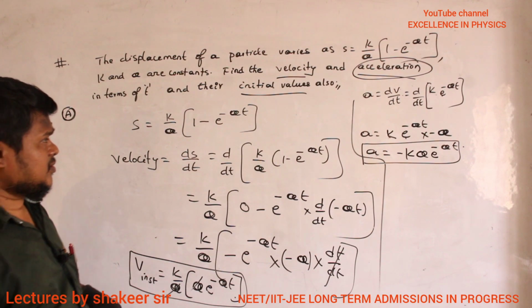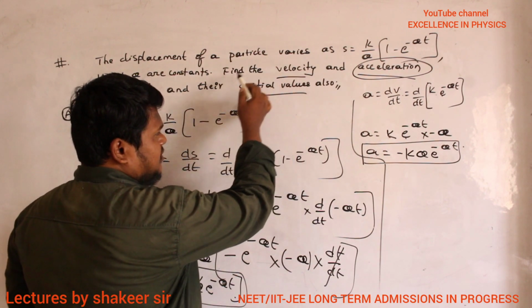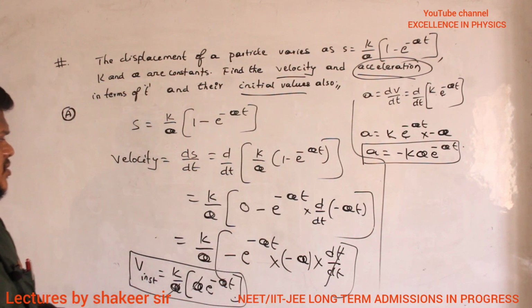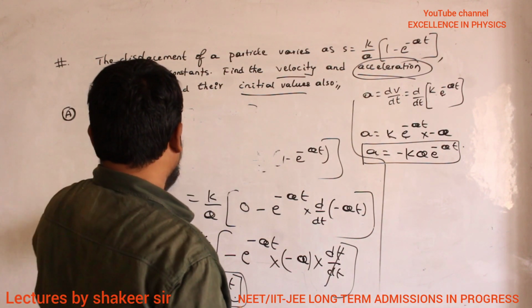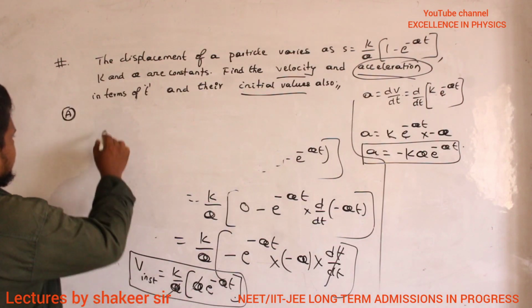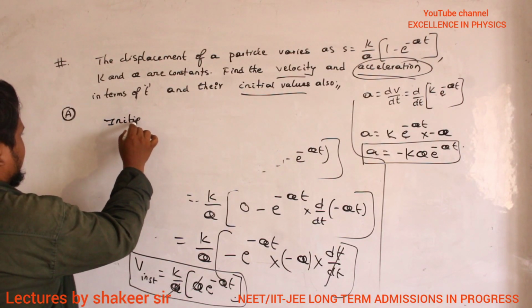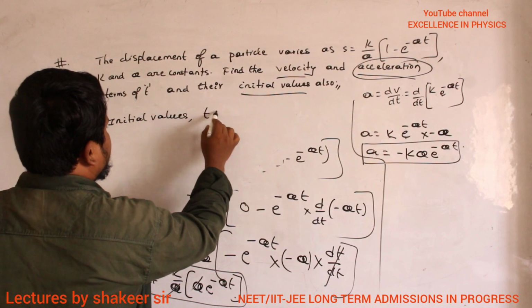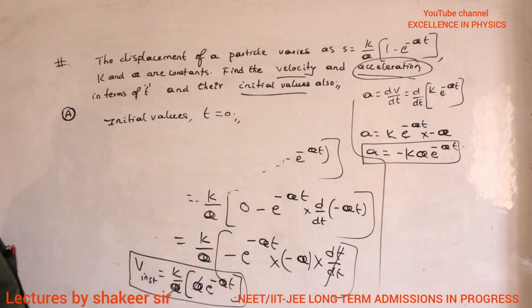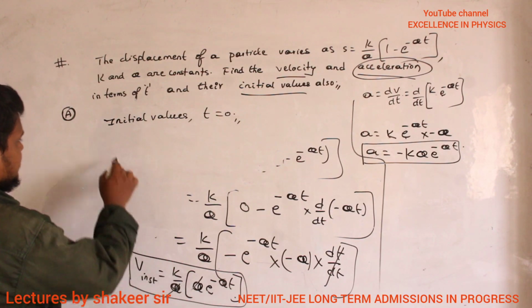Now he is asking one more question. You are supposed to find out initial values also. So how can I calculate initial values? What is meant by initial values first of all? Initial values means time is equal to 0. That is when you started observation. Clear? So what is the equation for velocity?